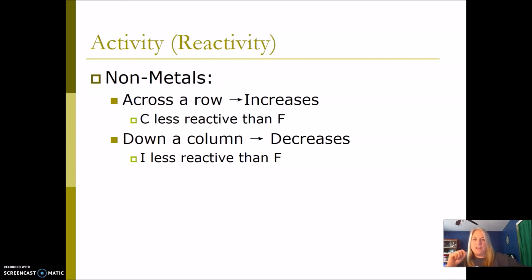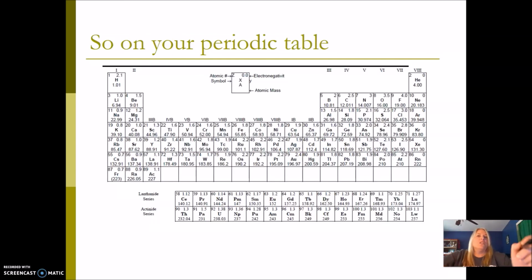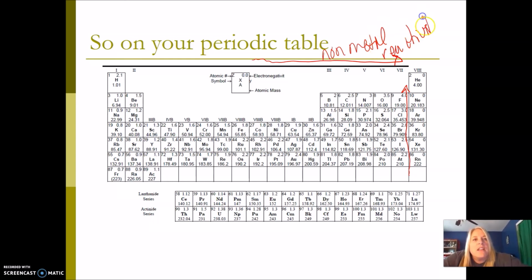On your periodic table, notice it's the same as your electronegativity, how you made these arrows here. Honestly, we probably should have put the arrow in here for both electronegativity and for this. So this is non-metal reactivity. And the way I drew these arrows, and I think I didn't mention that on the left side, this is for increasing non-metal reactivity.